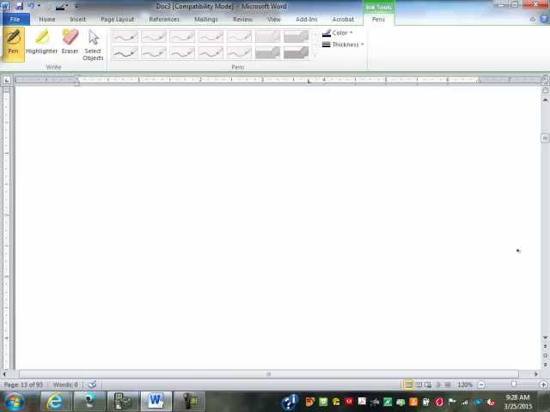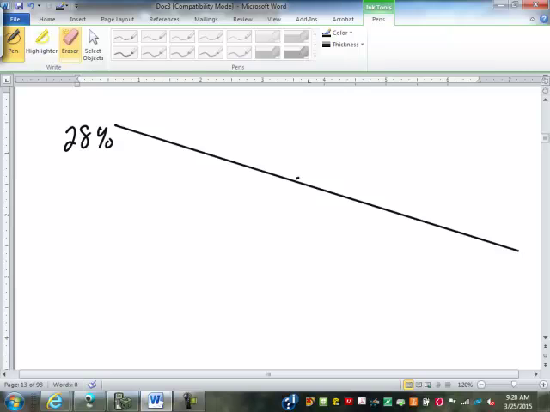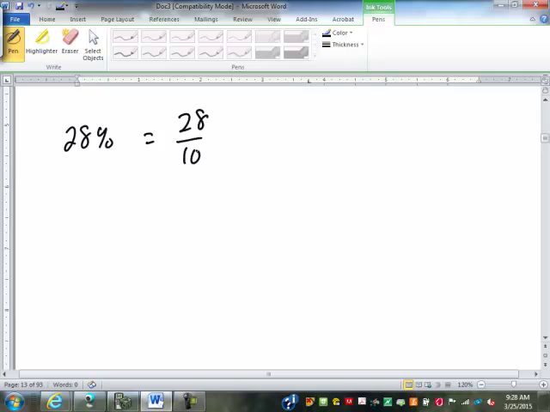But with that idea of a proportion, we can start looking at calculating with our percents. So if I have 28%, as we've said, that can be thought of as 28 out of 100. There's the start of our proportion.